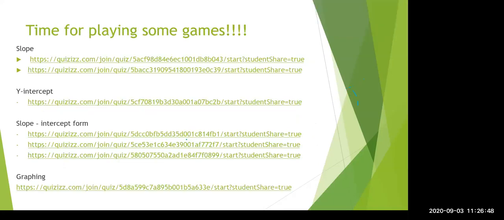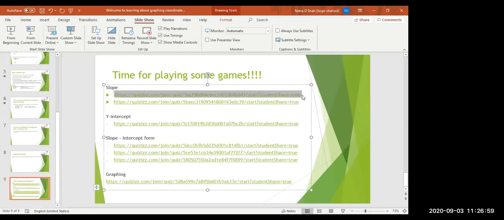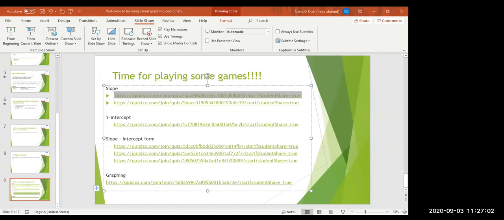Now we can start some games. The first game is the slope. I'll just share my screen right here.